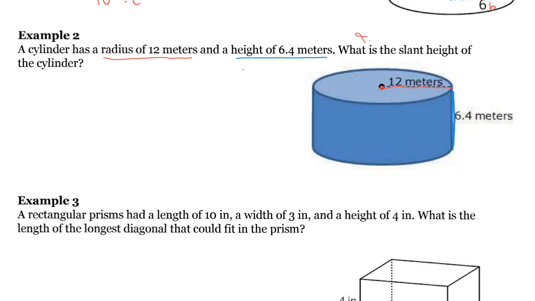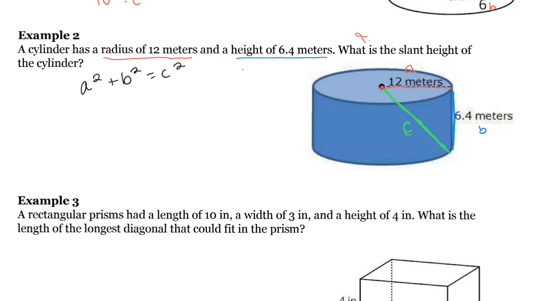So what that means in this case is we're going to connect the height of the cylinder to the radius. So the height of the cylinder to the radius is always your slant height. And that's what we're trying to find. So that's our C value. So again, we're going to use this A value, this B value, and plug it into our formula: A squared plus B squared equals C squared.